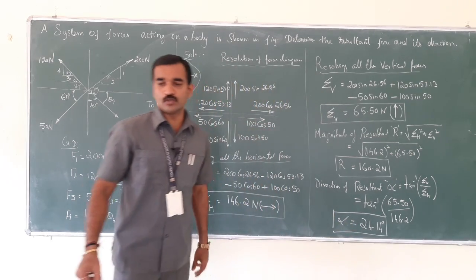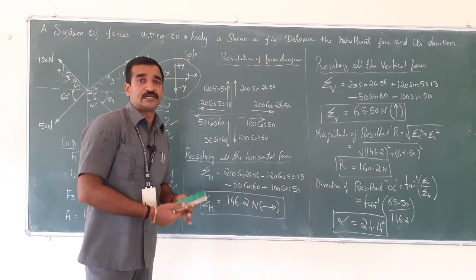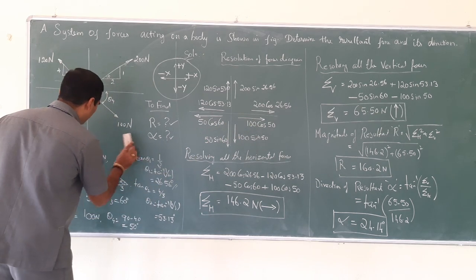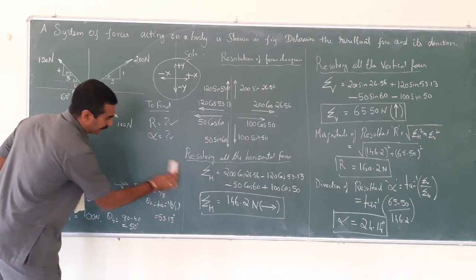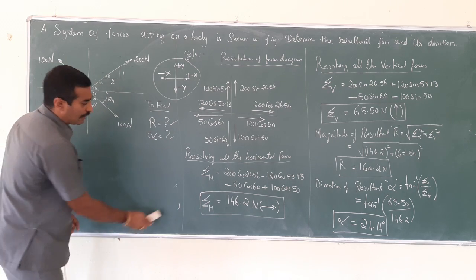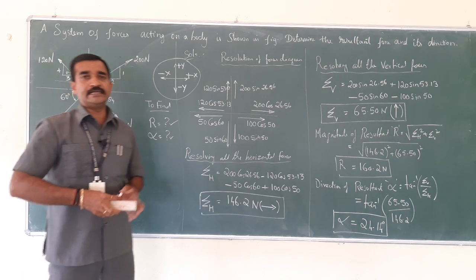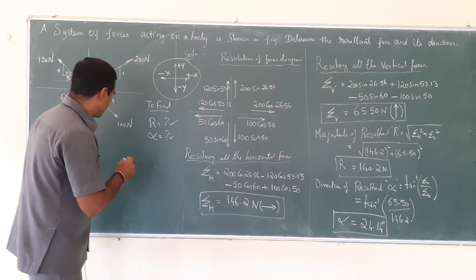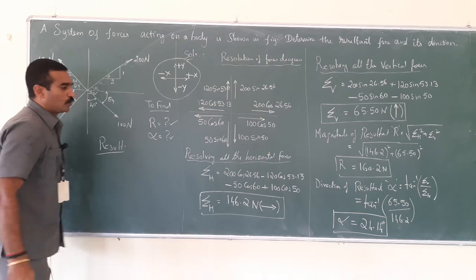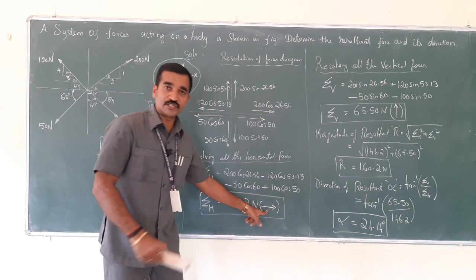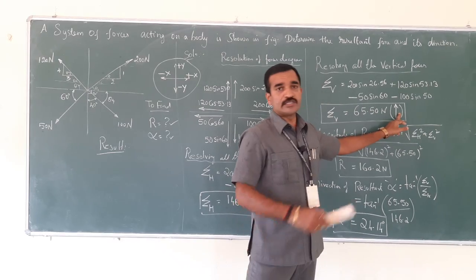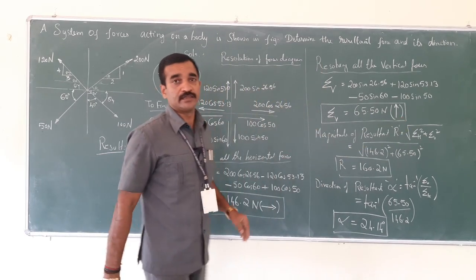So at last you will have to mention the result. Since I don't have sufficient space here, let me wipe off this given data. I am going to mention the graphical form where the resultant is acting. Look here, the arrow is in the positive x direction for summation H. For summation V, the arrow is in the positive y direction.